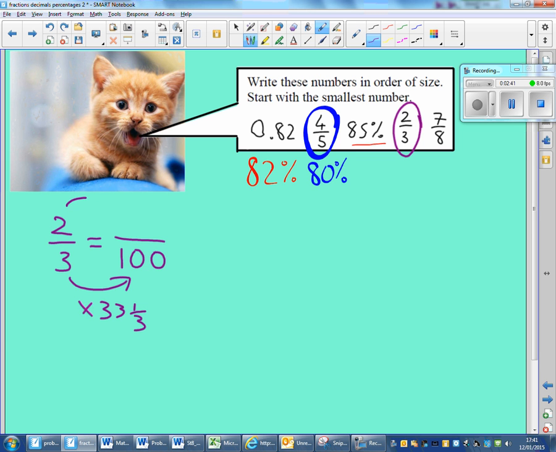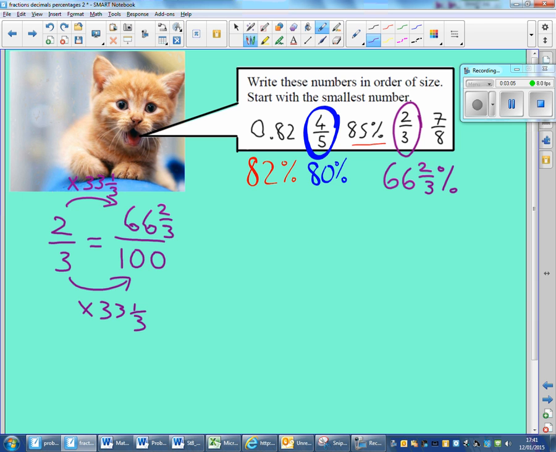And if I do that to the top line as well, times 33 1/3, that gives me 66 2/3. I'm not one particularly for fractions within fractions, so I'll convert that as quickly as possible to a percentage. What did we say? 66 2/3%.